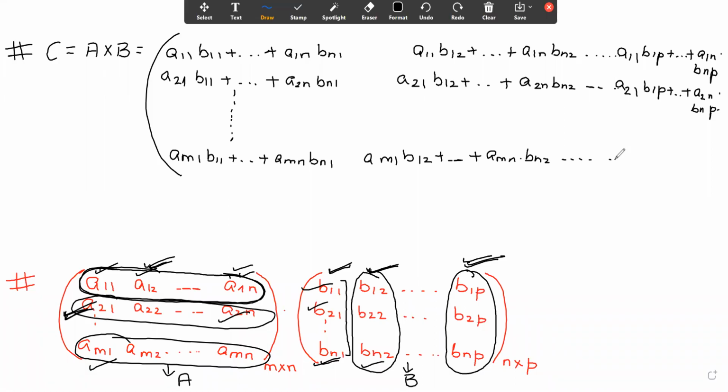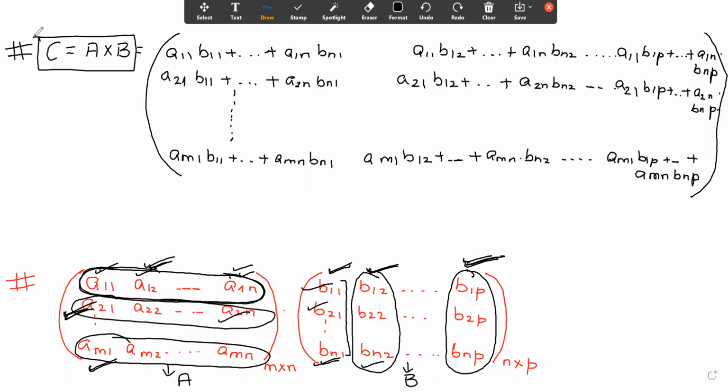And then guys, I can further stretch it, and the last element will be the last row multiplied by the last column, which is Am1 times B1P plus my last element will be Amn times BnP. So this whole is my matrix C, which is nothing but A into B. So I hope students have learned how to multiply two matrices.